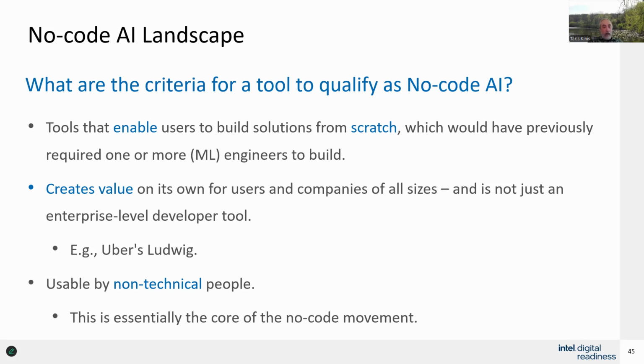All right. So keeping it down this path here, looking at no coding in the AI area, it says here, what are the criteria for a tool to qualify as no code AI? This allows us to build stuff from scratch, where previously we'd have one or more machine learning engineers to build it, right?